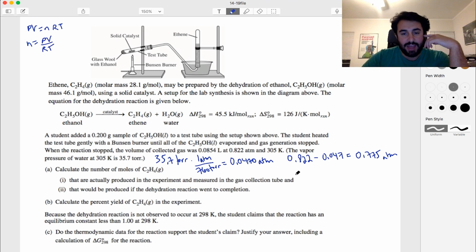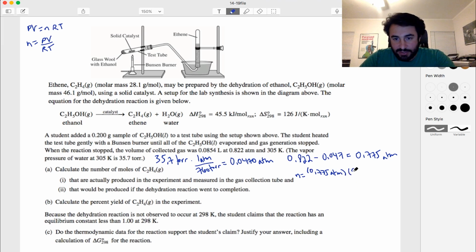So let's say that n equals, and we're going to put in 0.775 atmospheres, because that is the partial pressure of ethene. We're going to put in 0.0854 liters, because that's the volume of the sample. And then we're going to put that over.